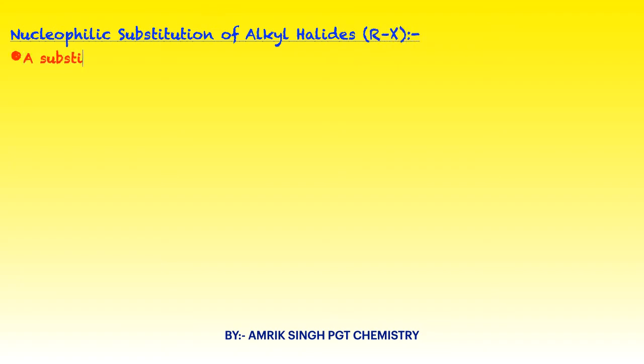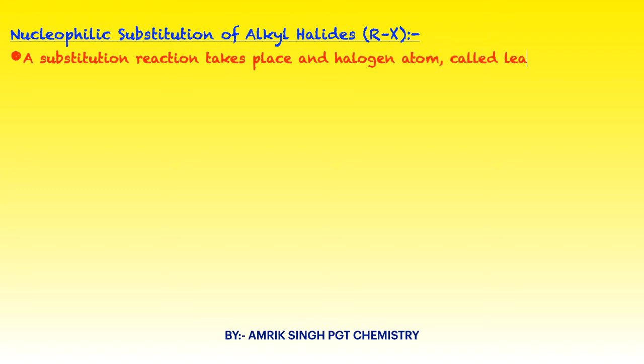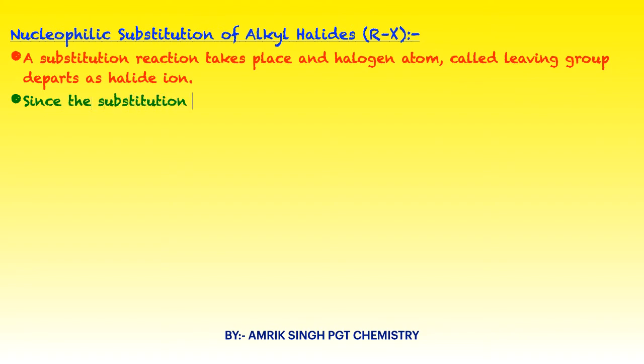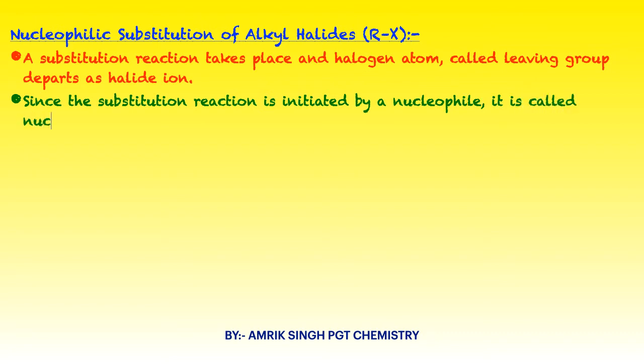A substitution reaction takes place and the halogen atom, called the leaving group, departs as a halide ion. Since the substitution reaction is initiated by a nucleophile, it is called a nucleophilic substitution reaction.